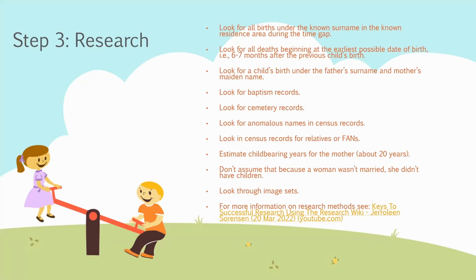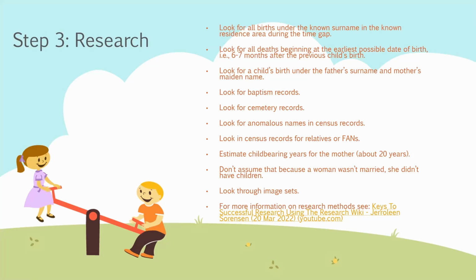Look in census records as well for names that just don't make any sense. So you have a name in a family and it doesn't make any sense to you. It could be because it's a child of a friend, who maybe died, or maybe a relative who had married somebody who didn't have the same name as the person in the census record.